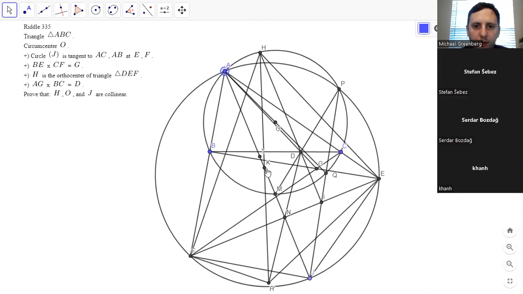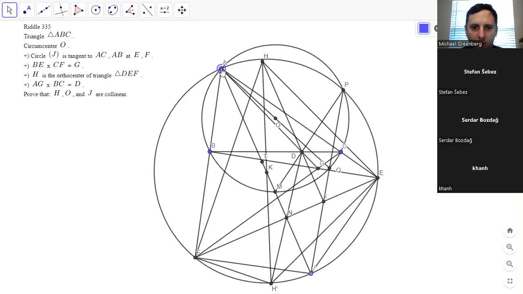Are you sure? Because we know K. So TH you're saying is perpendicular to BC. Okay, interesting. Yeah, and I can prove it. So if you need it, I will use it later. Okay.